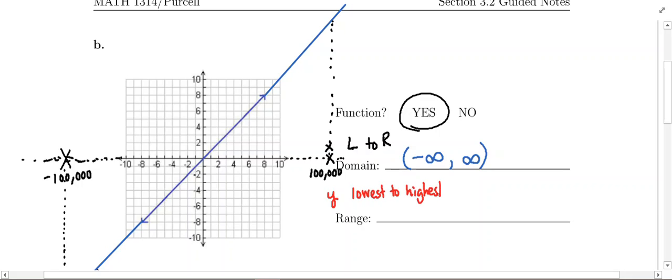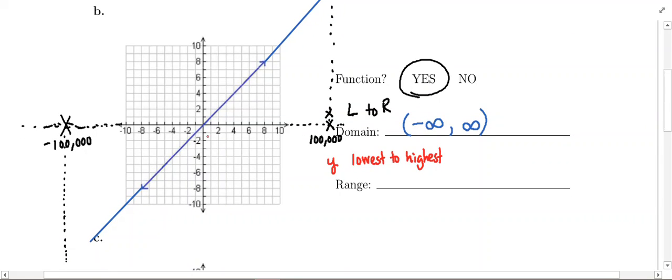Considering that this line extends indefinitely in both directions, say we're going this way forever, this line's going down, down, down forever, you cannot pinpoint a lowest point on the graph. It just keeps going down forever, and that corresponds to the negative y direction. You can reach negative 100,000 on the y-axis. The graph can reach negative 1 million on the y-axis, and so on.